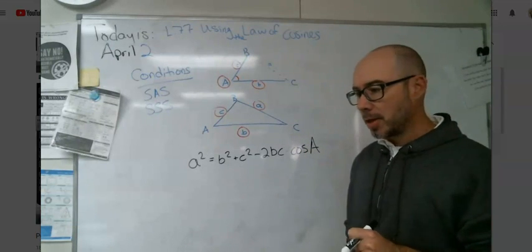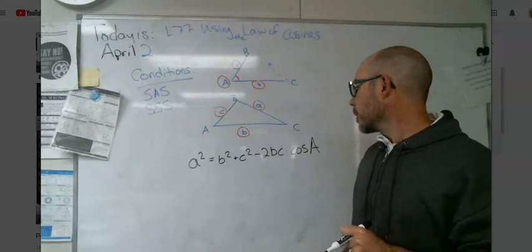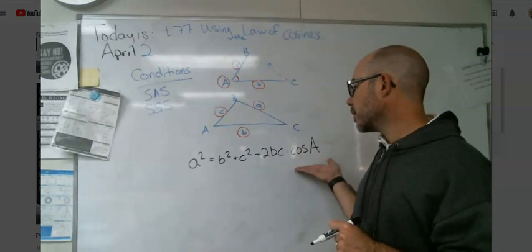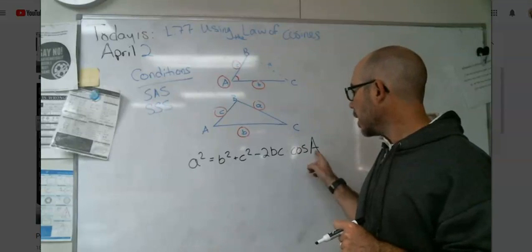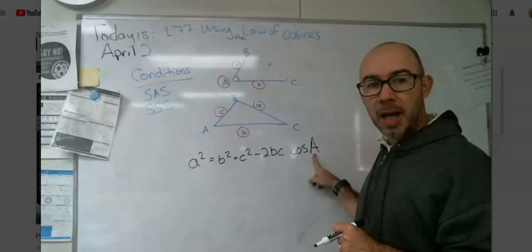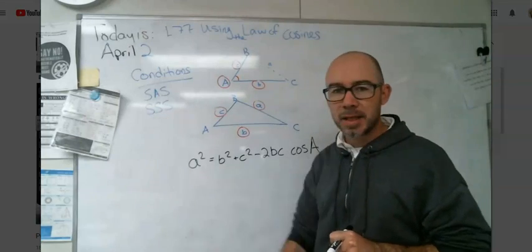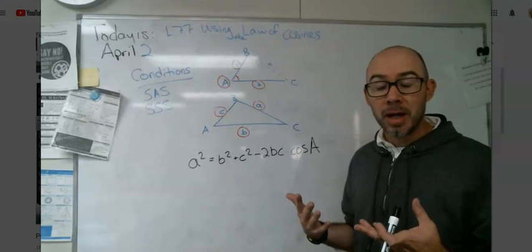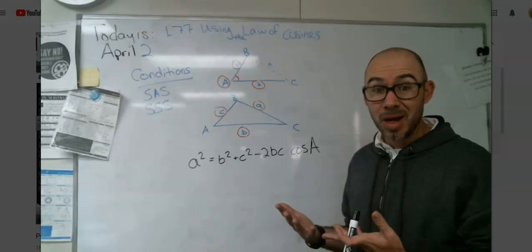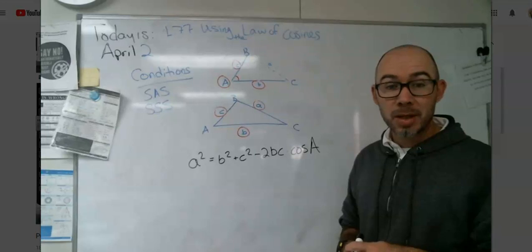Well, Heron's theorem gets to that. Anyway, I'm going to take this version of the law of cosines and solve it for the angle. If I'm given all the sides, I don't have any of the angles, and I need to start somewhere. I need to solve for three angles.